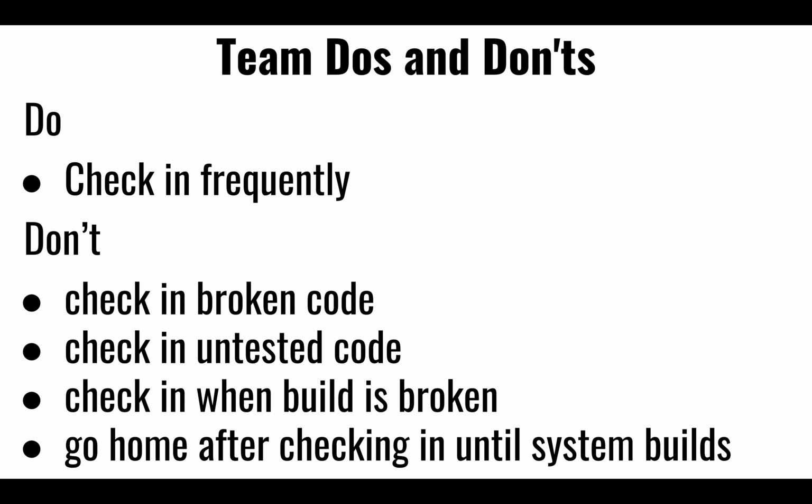Don't check in any broken code. Don't check in anything that has been untested. Whenever somebody sends you a pull request, you should start pushing back on those pull requests. You should start asking, where are the tests? Where is the test that goes along with this function, right?